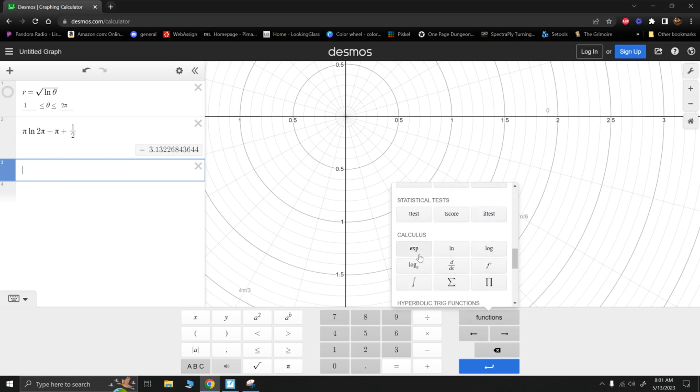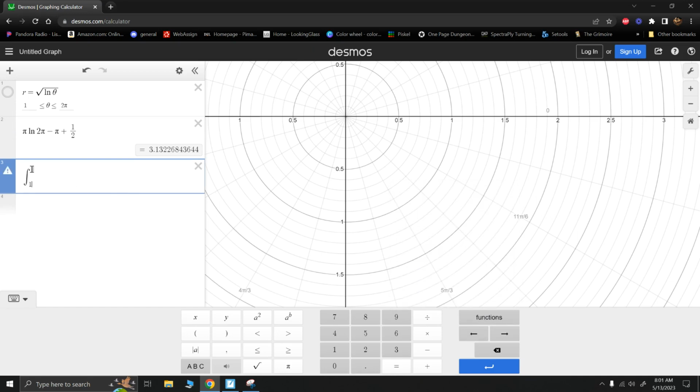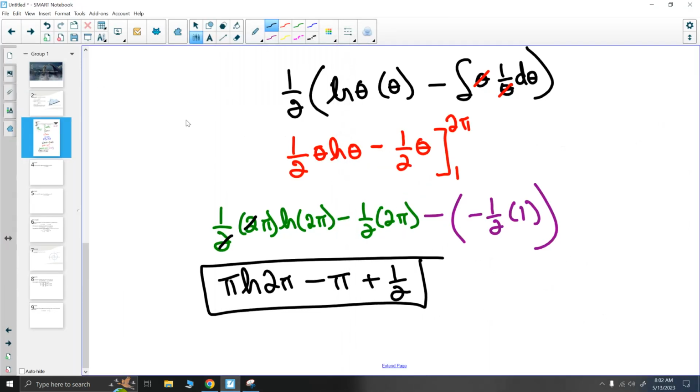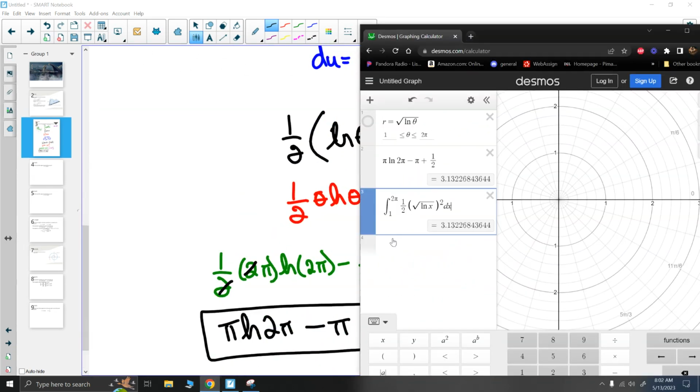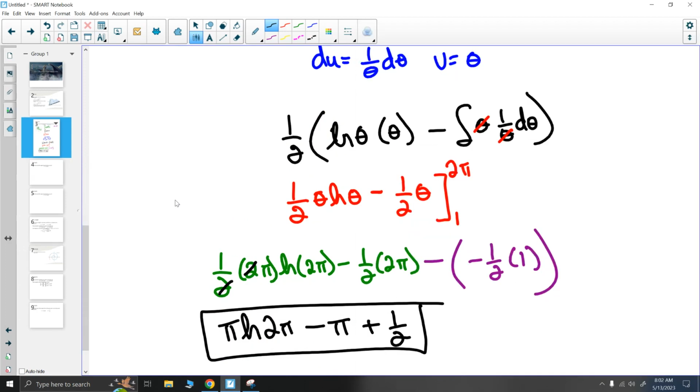So we go to our integral, and we're going to take it from 1 to 2 pi of our 1/2 times our square root ln theta, well, I'll just call it x to make my life easier, squared dx. And it's the same value. So that's good, that checks out. It's something worth noting. So we are correct here. That is our area, and again, it's approximately 3.13.